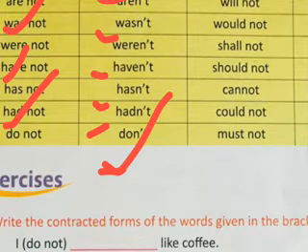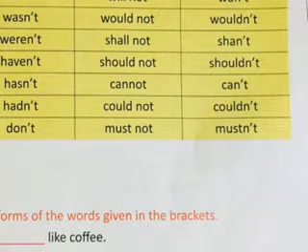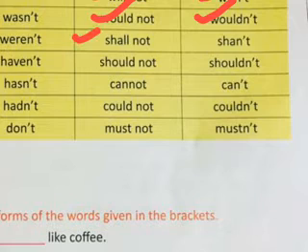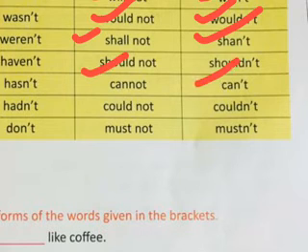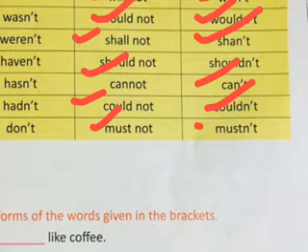Yes. So, same way we will have these forms like does not. Here you can see what we will do. Doesn't, did not, didn't, will not, won't, should not, shouldn't, would not, wouldn't, shall not, shan't, cannot, can't, could not, couldn't, right?